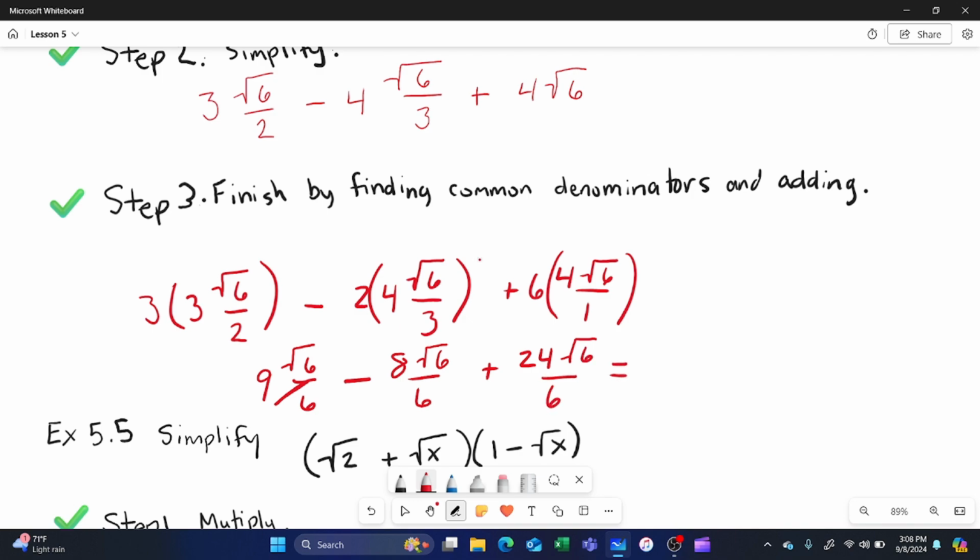Should have like denominators. We got 9 minus 8 is 1. 1 and 24 is 25. So we will have 25 times the square root of 6 over 6. That can't be reduced any further, so we are done with that one.